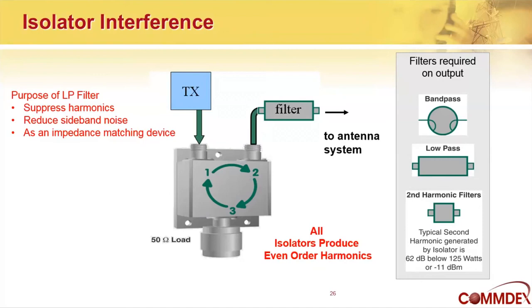And we know a harmonic is a multiple of a frequency. So in order to reduce those harmonics, it's common to put a filter on the output, either a bandpass filter, a low-pass filter, or a specialized second harmonic filter for a specific frequency. So these will help to cut the harmonics by putting the filter on there.